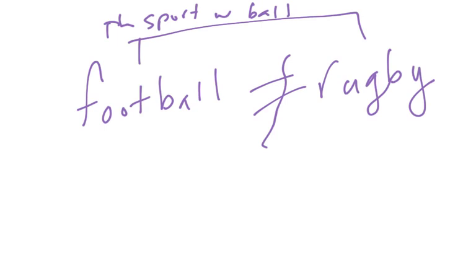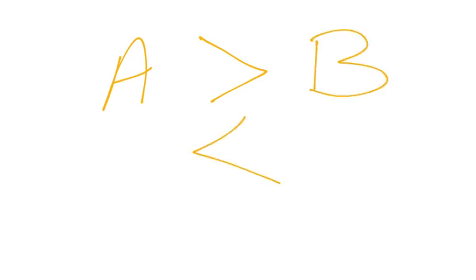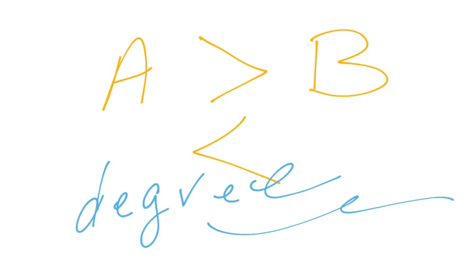But they have some differences. Okay? Very exciting. Now, we're going to move to number 3, and that is A is greater than or less than B. This is the degree argument.